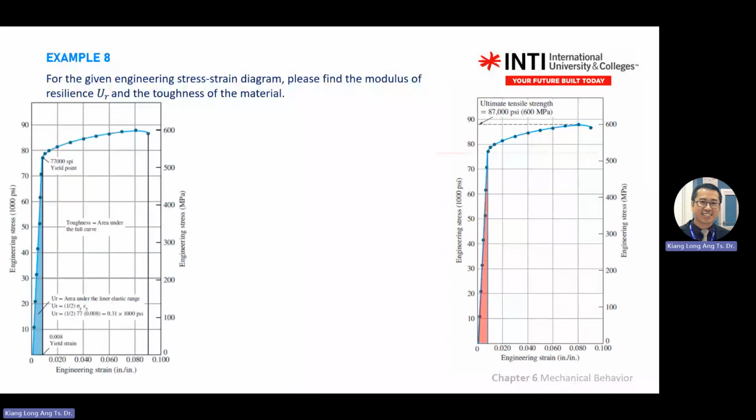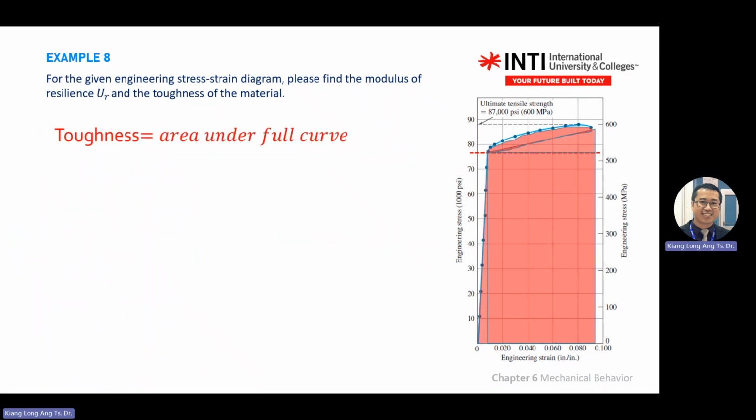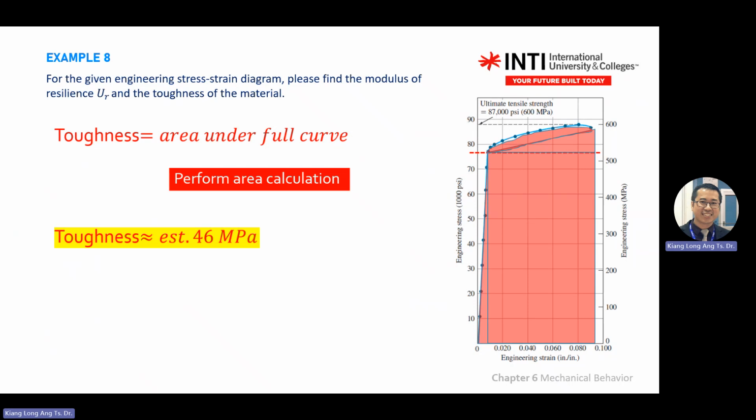Modulus of toughness is the whole graph under the curve. This is to find a quick comparison between metal and metal, if you have a certain amount of pressure on it. So you just want to do a quick definition. For example, you design a propeller for a ship that works under submarine application.